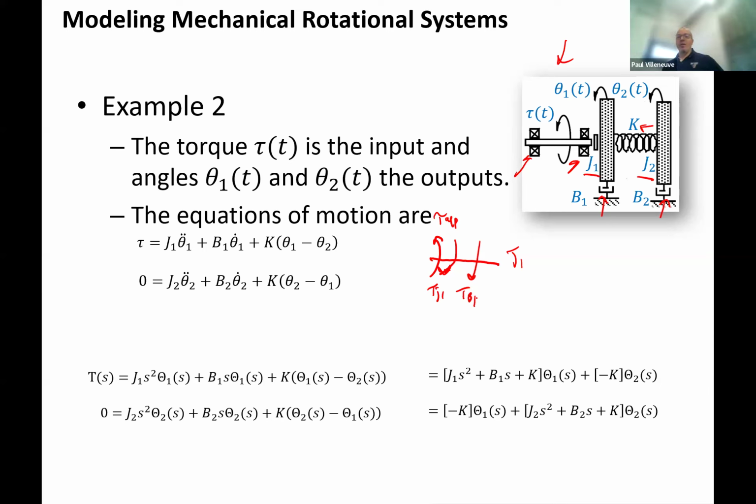Now, this is the harder one, right? I have a spring, and it's between two objects that can rotate freely. So how do you calculate the torque in the opposing direction? Remember, this spring doesn't want to change its position. It wants to stay where it is. You're trying to get that to rotate this way. So how do you get a torque in the opposite direction?